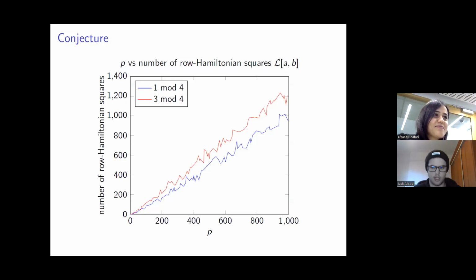Sorry, for that conjecture on the last slide, are there any asymptotics known for those two families? Oh, no, I don't think there's much known at all. Yeah, no, I don't think there's anything known at all, really.